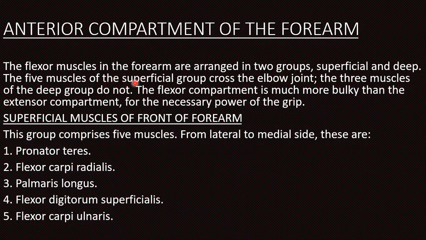The 5 muscles of the superficial group cross the elbow joint, okay? But the 3 muscles of the deep group do not cross the elbow joint. That is the difference. The flexor compartment is much more bulky than the extensor, because it is the flexor compartment that produces the necessary power of the grip.